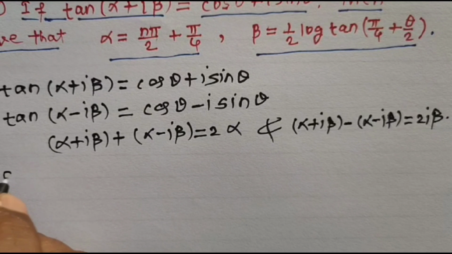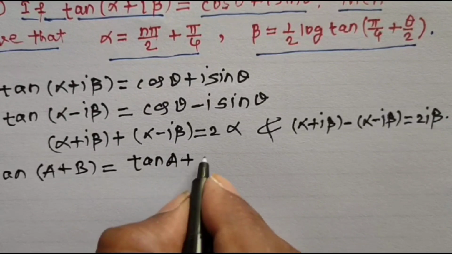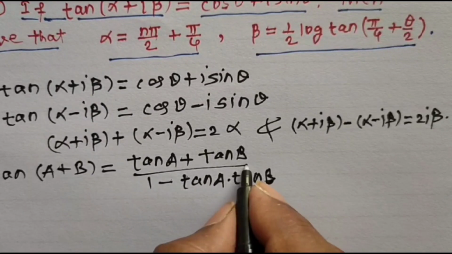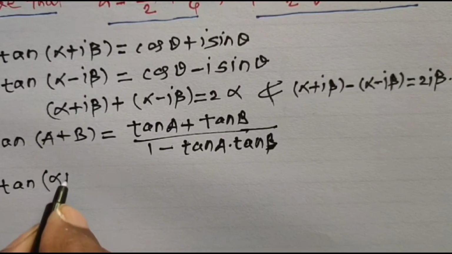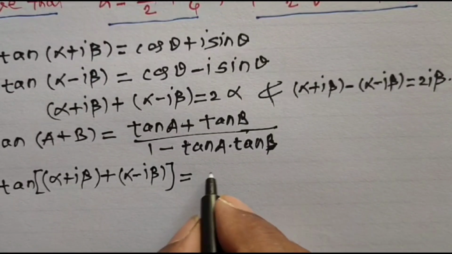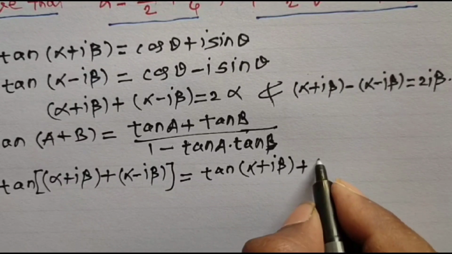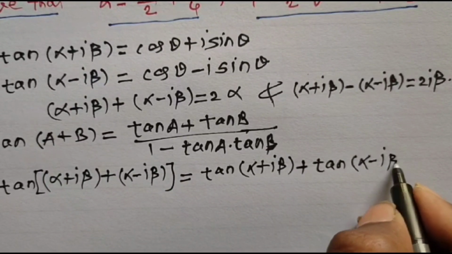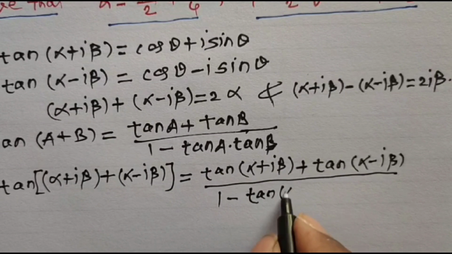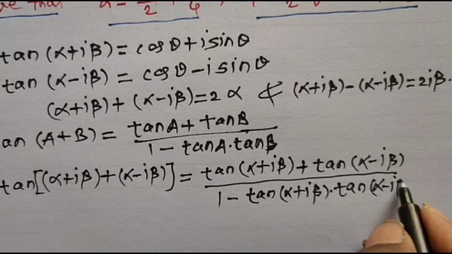Now tan of A plus B is equal to tan A plus tan B divided by 1 minus tan A into tan B. Now tan of alpha plus i beta plus alpha minus i beta is equal to tan of alpha plus i beta plus tan of alpha minus i beta divided by 1 minus tan of alpha plus i beta into tan of alpha minus i beta.